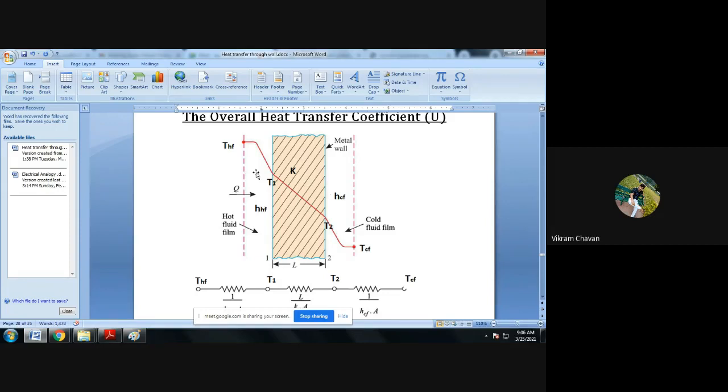Similarly, whenever heat transfers from surface to liquid, the mode is also convection. This overall heat transfer coefficient is useful to determine the heat transfer rate across the wall surface, or across that entire system.